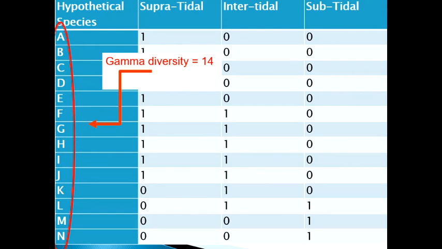We have the hypothetical species A through N, and if you count that, there are 14 of them, and so in this whole world we're considering, this shoreline area at some ocean beach there, the gamma diversity is 14. So gamma diversity, diversity of the whole, for us 14.